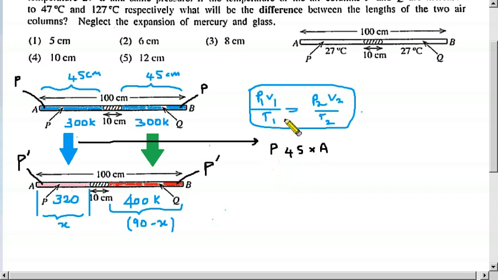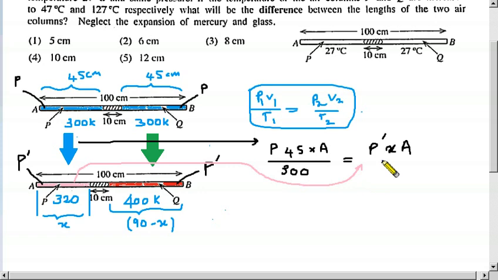So P1 V1 divided by T1, T1 is 300 Kelvin, equals, now, because initially the air column was like this, and finally like this, P2 is P dash, V2 is X times capital A, divided by T2, which is 320.